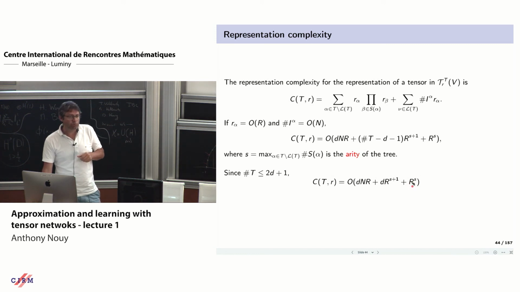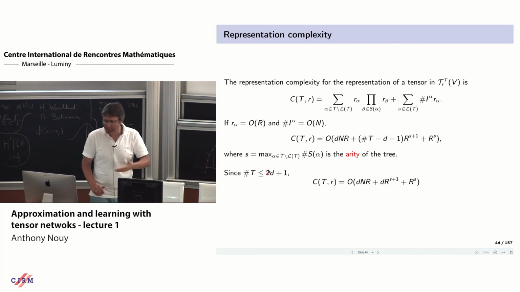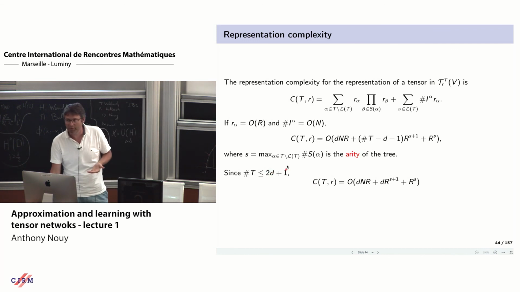This corresponds to the storage of the top tensor, the tensor associated with the root, and these are the tensors associated with the leaves. The bound that you see here is linear in D, and it comes from the fact that for any dimension partition tree, its cardinal will always be bounded by 2D plus 1. Okay?